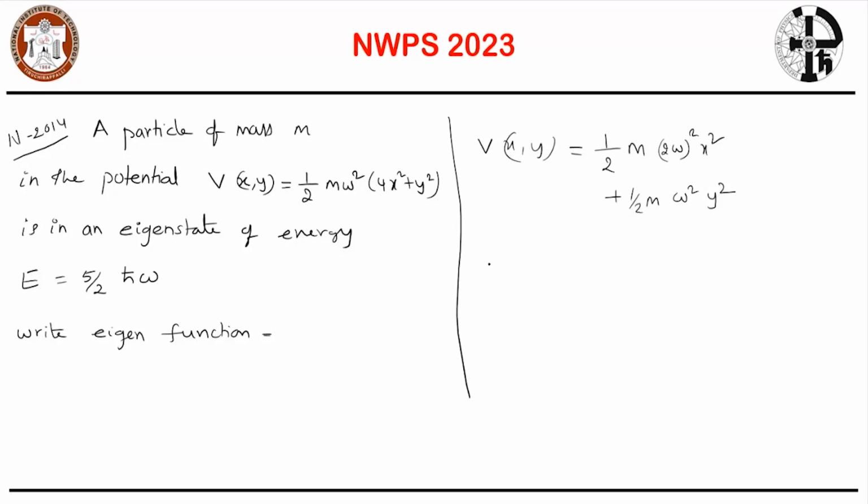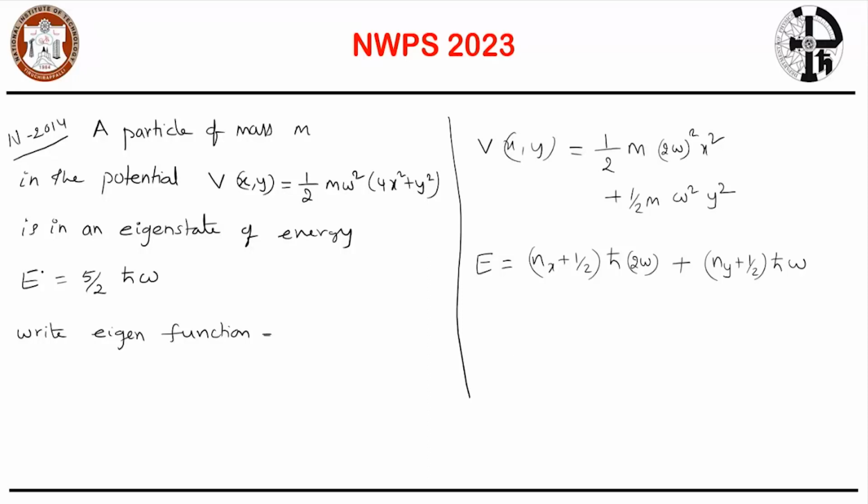If you are writing energy for this, E = (nx + ½)ħ(2ω) + (ny + ½)ħω, where the second oscillator is a regular harmonic oscillator. Here nx and ny have values starting 0, 1, 2, 3, and so on.